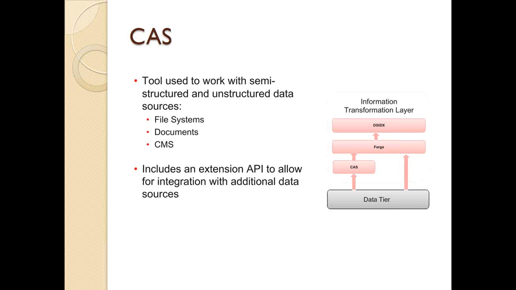Okay, next is CAS. CAS is a tool used to work with semi-structured and unstructured sources. You have your file system, documents, and CMS. It includes an extension API to allow for integration with additional data sources. You can see this entire design of CAS, where you have the content acquisition system, Forge, CAS, and data tier.